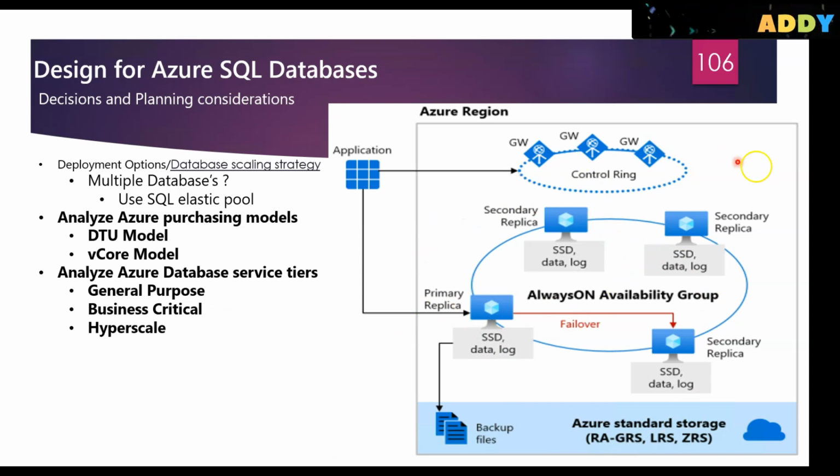This design is very suitable for OLTP applications, and you get a high transaction rate and low IO latency. It offers the highest resilience to failures by using several isolated replicas. It's not just one. Earlier we had just the primary, but now we also have a secondary, and one more secondary replica is available in case something goes wrong.